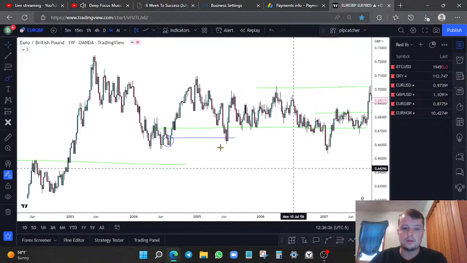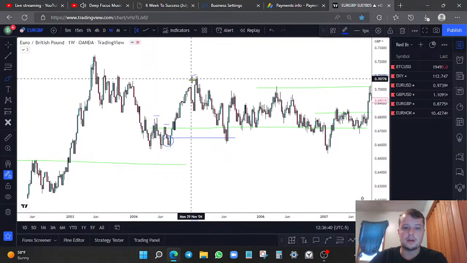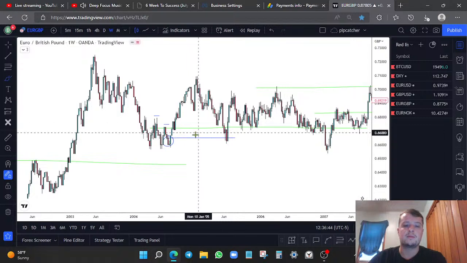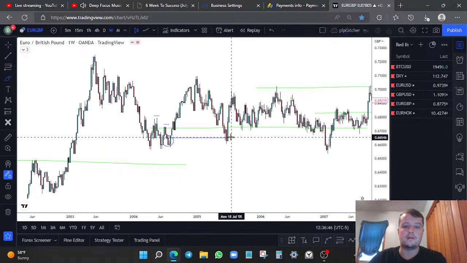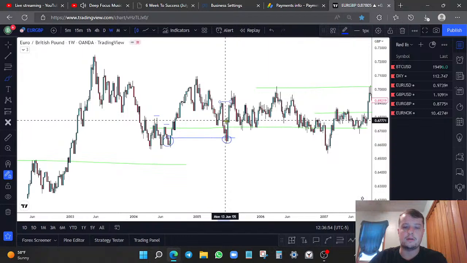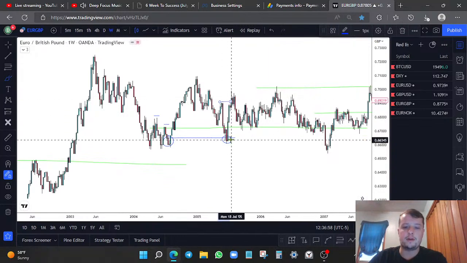And we can see, right, this move to the upside broke structure, giving us a higher high on the weekly scale. So when we look down here, we have a rejection. And what does this rejection also give us, right? Another break of structure.